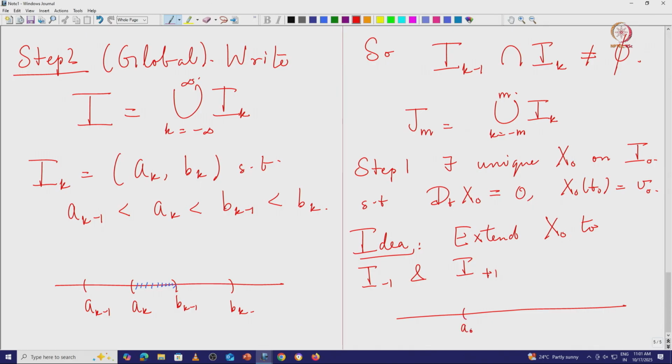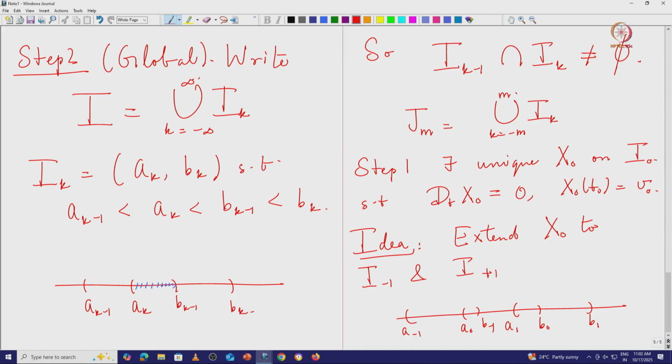You have your original I naught interval, then you have the I1 interval here and the I minus 1 interval here. You would like to extend this to these two intervals, so that now you have extended your vector field to a larger interval.